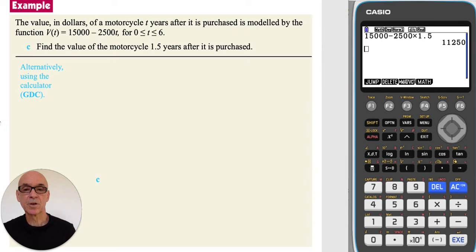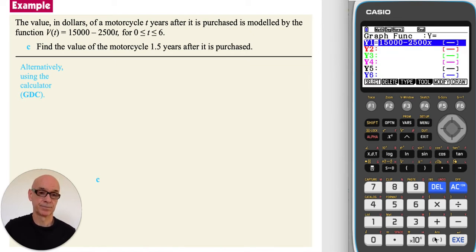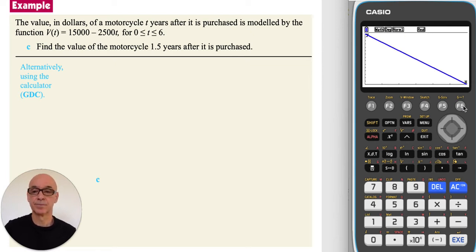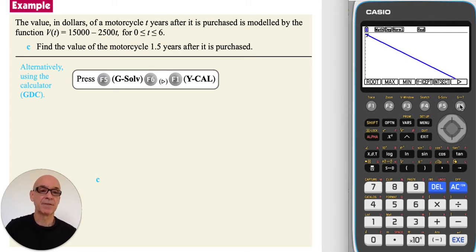Alternatively, we can solve this problem using the calculator. So pressing menu and going back to the graph, F6 to draw it again. So pressing F5 for G-solve, and then F6 to get to the next page of menus, followed by F1 for a Y calculation.